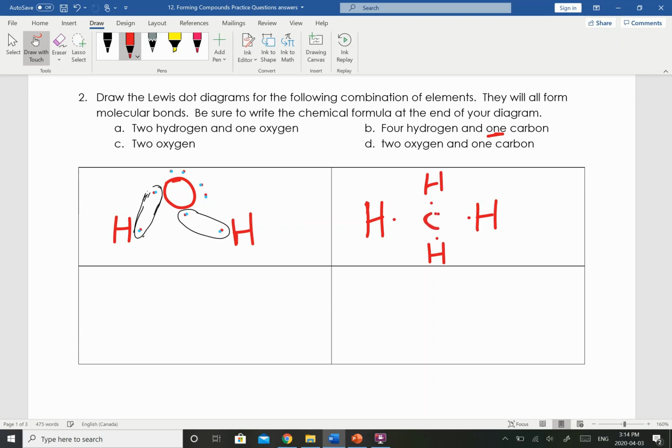So here we're going to have carbon with its 4 valence electrons, and we'll share. So each hydrogen gets to see 2 electrons, and the carbon sees 8 by the end. So the carbon is happy.